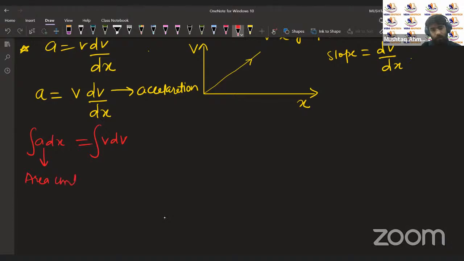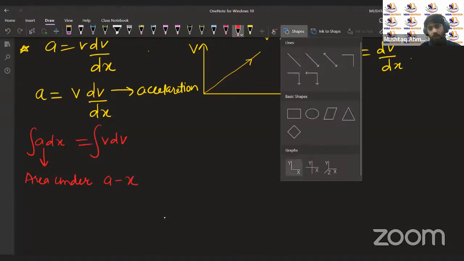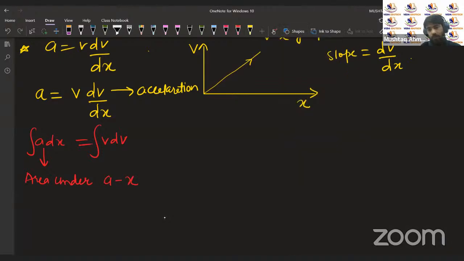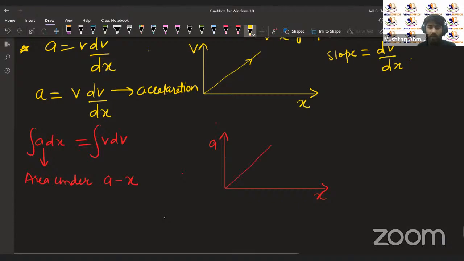the acceleration and position graph, right? Let's suppose this is the graph of acceleration versus position x. The area under this graph is this area, this triangular part.